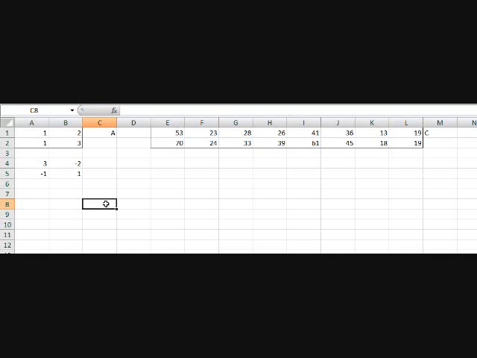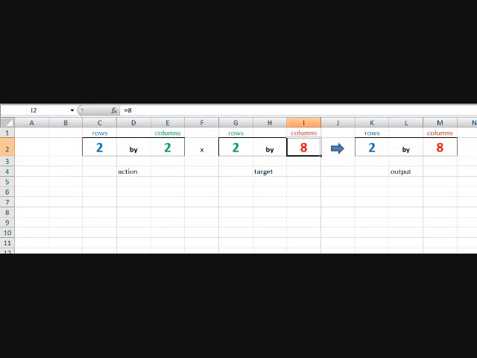Okay, so what we're going to do in our next step is take this inverted matrix, multiply it by our output, and that will give us the original target matrix that we started off with. And we can see back from this last page that the target would also have to be 2 by 8, the same size as the output, because the columns of the action matrix are 2 and there's 2 rows in the target matrix. These have to be the same number.